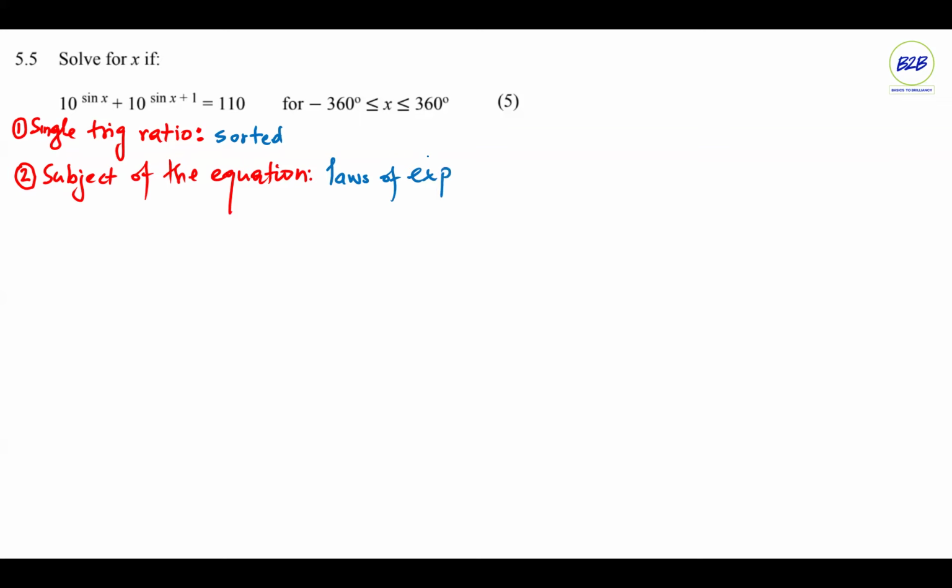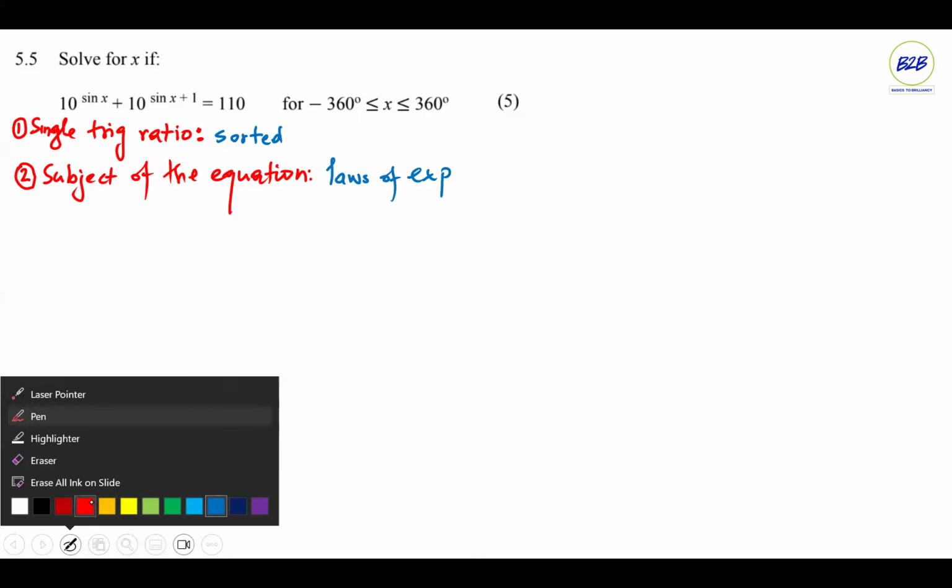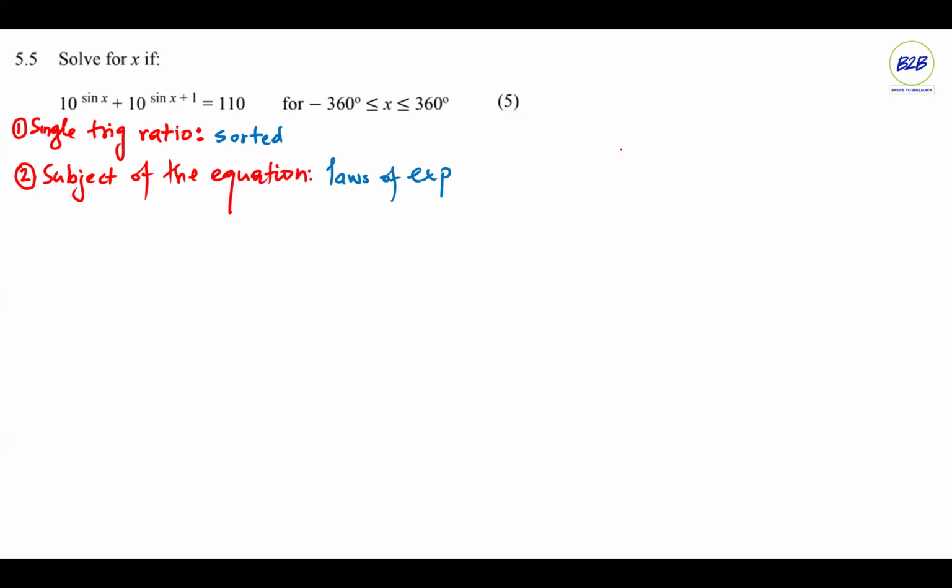Laws of exponents. So let us just discuss briefly, what are the laws of exponents? Remember in algebra, a to the power x plus y is equal to a to the power x times a to the power y.